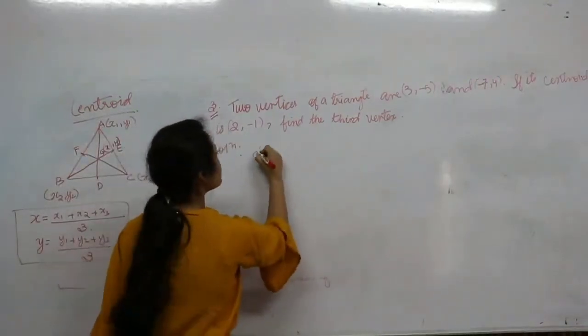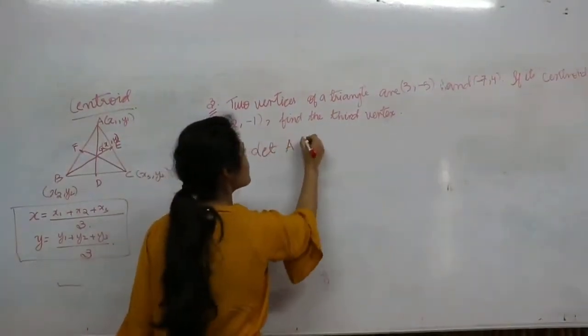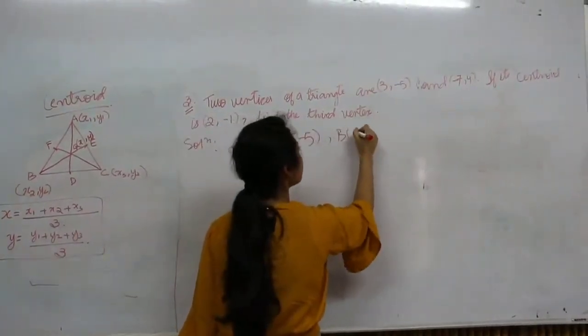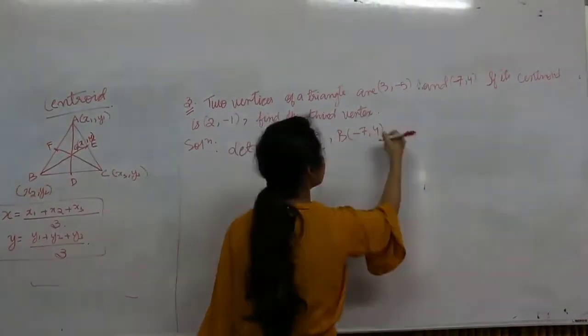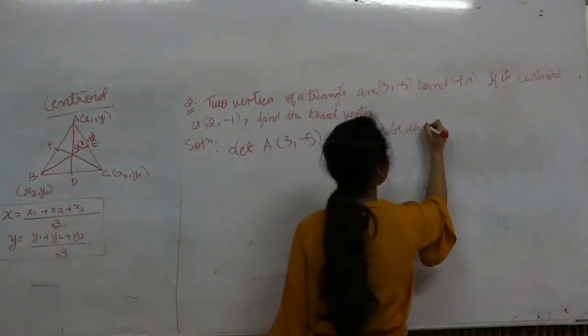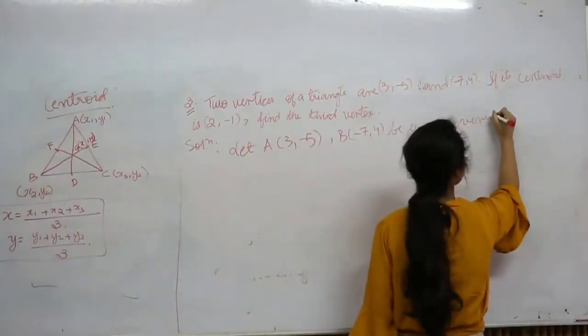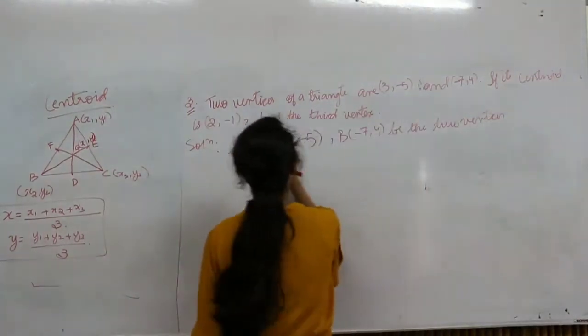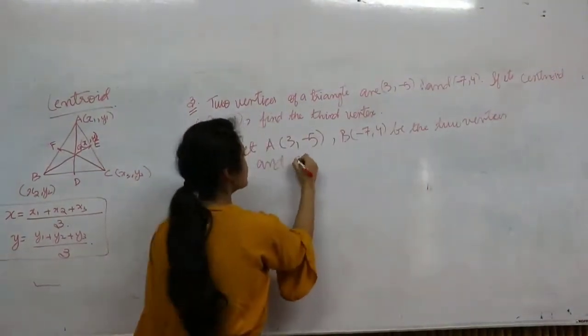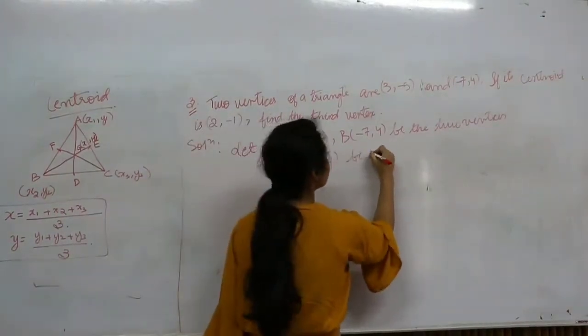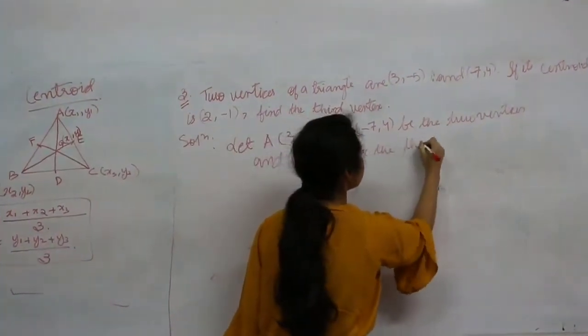So let us describe that A(3, -5), B(-7, 4) be the two vertices, and third vertex we will describe as C having coordinates (x, y).